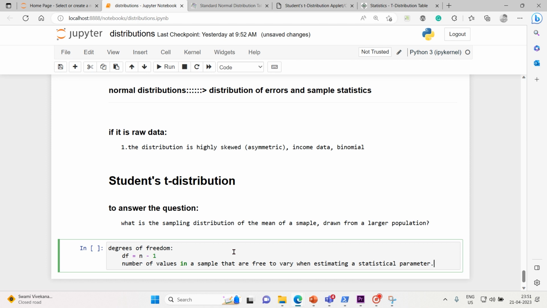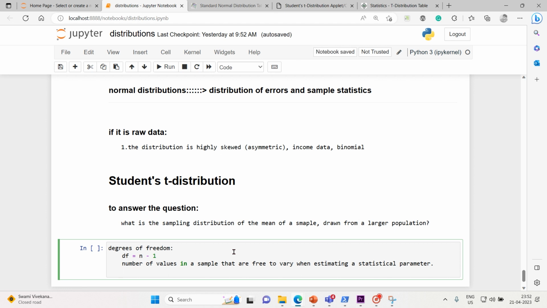You know what a parameter is, I hope. The parameter is the measure of the population. So in the case of the t distribution, the degrees of freedom is calculated as the sample size minus 1.